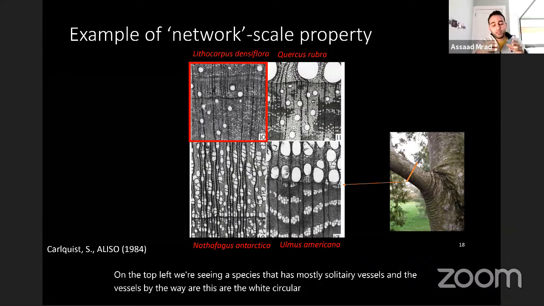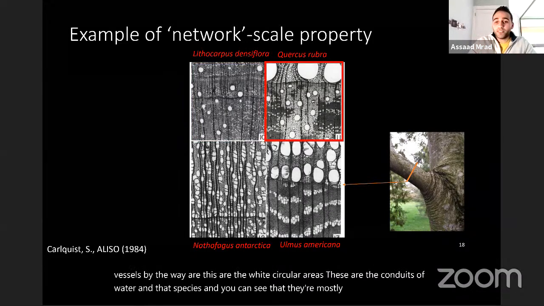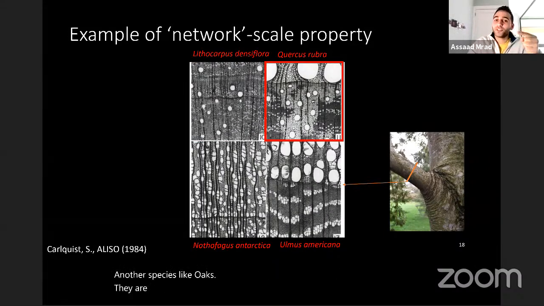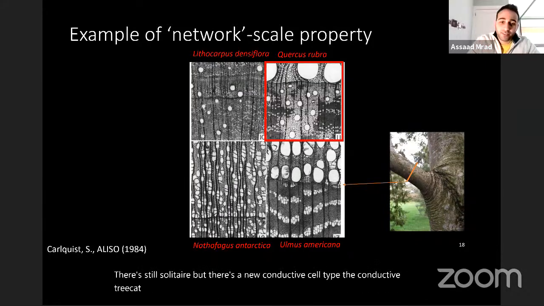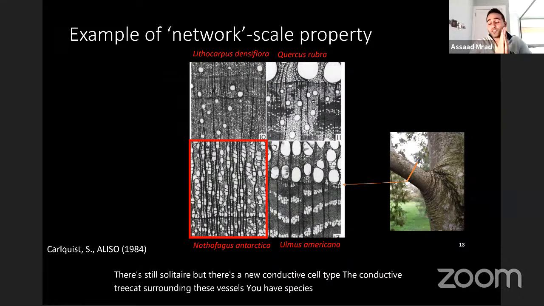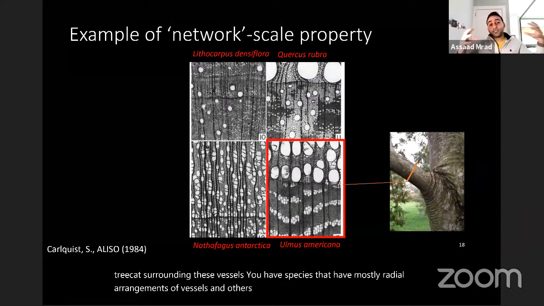These are the conduits of water in that species. And you can see that they're mostly solitary. And other species like oaks, they're still solitary, but there's a new conductive cell type, the conductive tracheids, surrounding these vessels. You have species that have mostly radial arrangements of vessels, and others like elms that have mostly tangential arrangements of vessels.